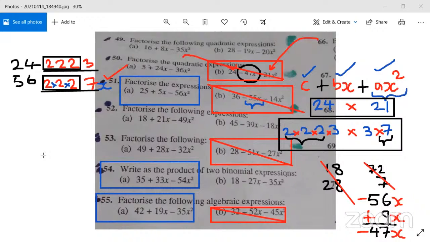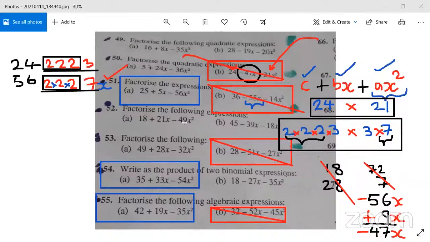So you're finding prime factors of, let me give you the examples, 25 and 56. Prime factors of 35 and 54. Prime factors of 42 and 35. And then when you group it together, you now have to find a way to get the middle term.